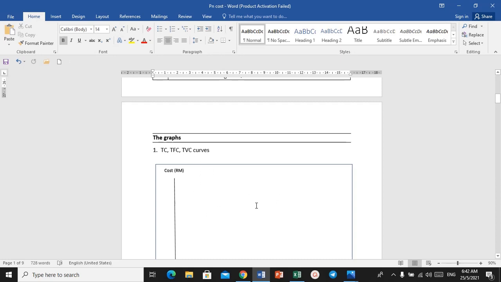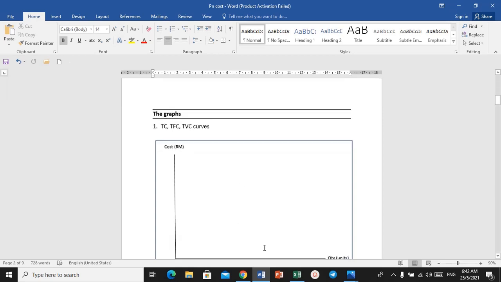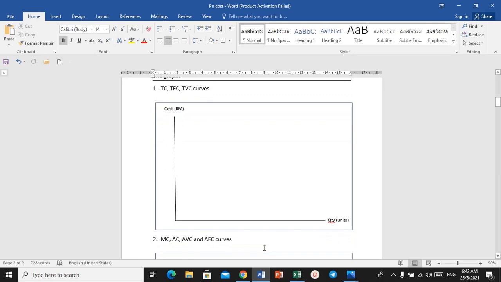This is not like the graphs that we drew for the law of marginal returns and stages of production. For those previous graphs, we needed to put them in a vertical format, atas dan bawah. But for these two graphs, it is okay. You are free to have them in any position.